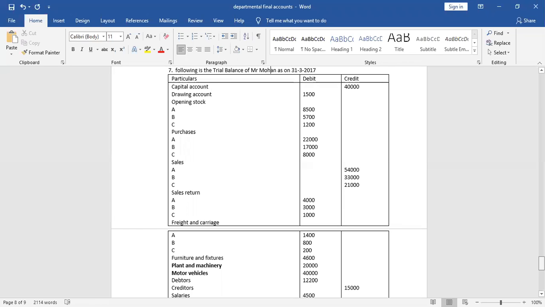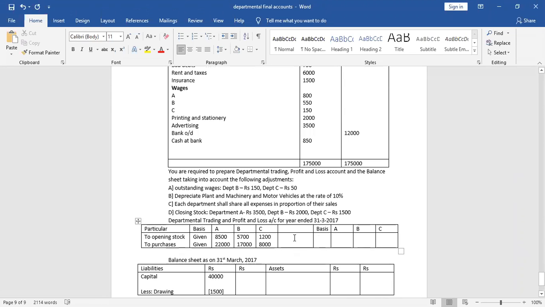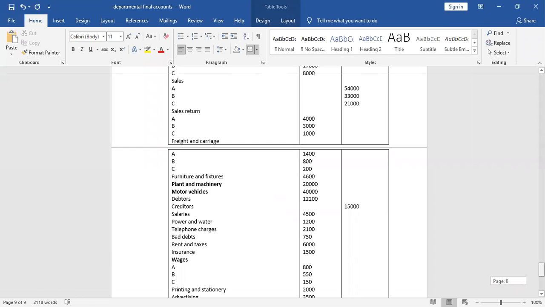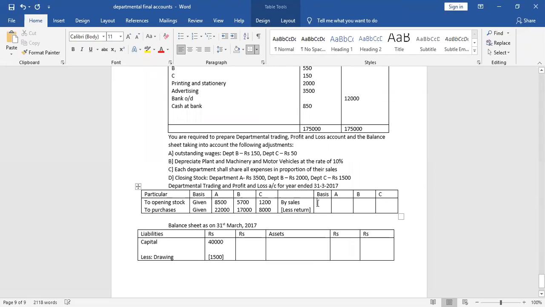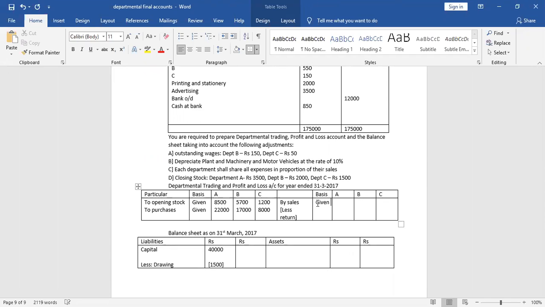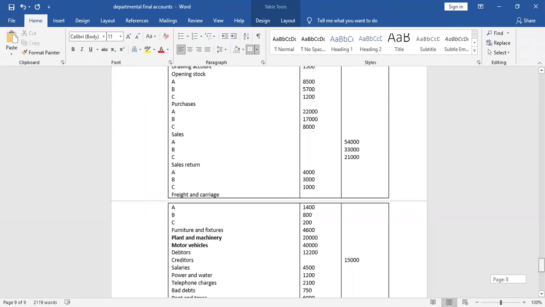Here we will show that by sales and in bracket less returns, मतलब returns minus करके we will write the sales here. So this is also given. So here A, B, C का net sales देखते हैं.